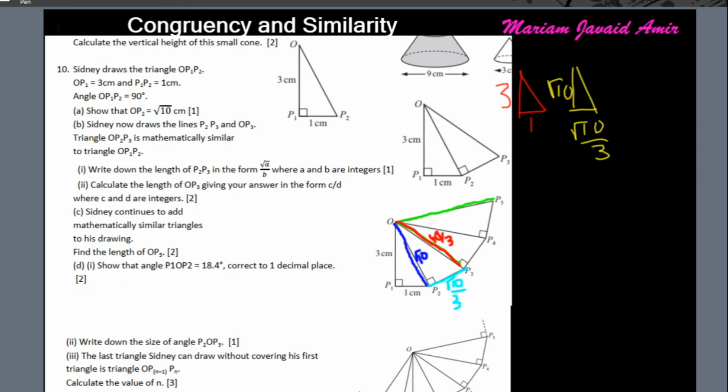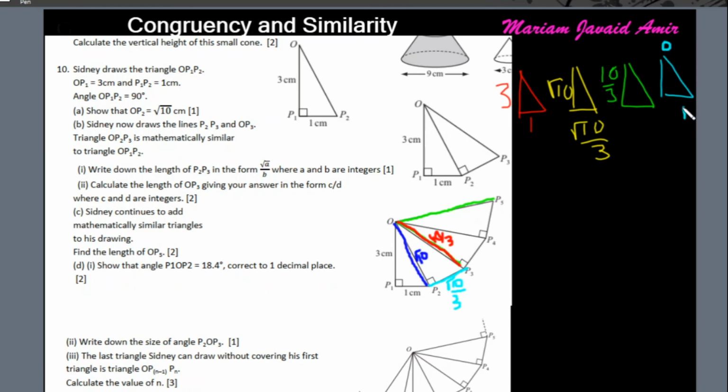Next I have a triangle with sides 10 by 3 and I don't know the lower length, and then a fourth triangle whose lengths I don't know, and I need this hypotenuse in the end. This is OP3.